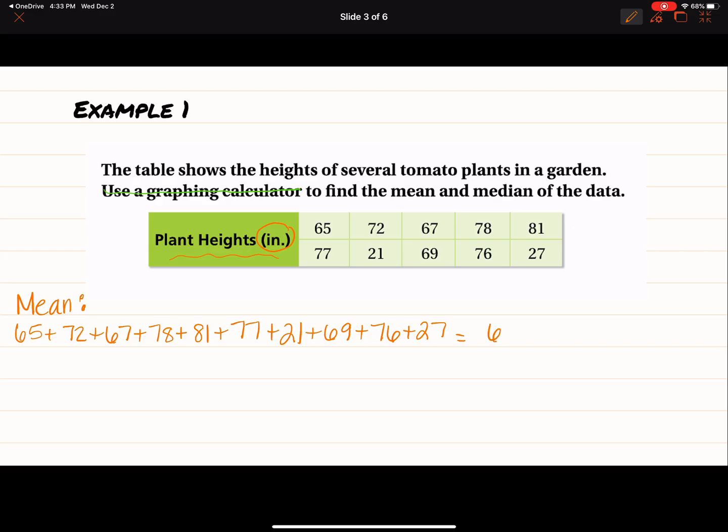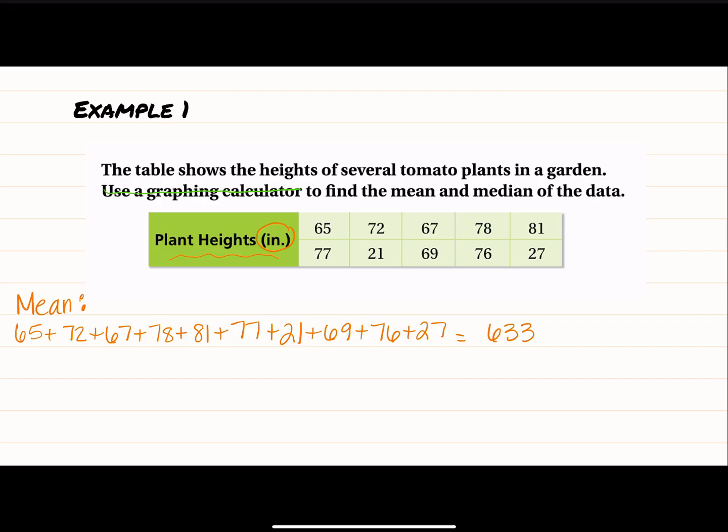And I got 633. So hopefully that's what you got. I'm just going to check myself real quick. Yep, I got that twice, so I think we're in good shape.